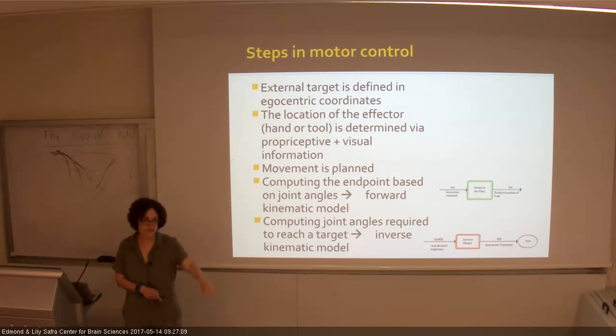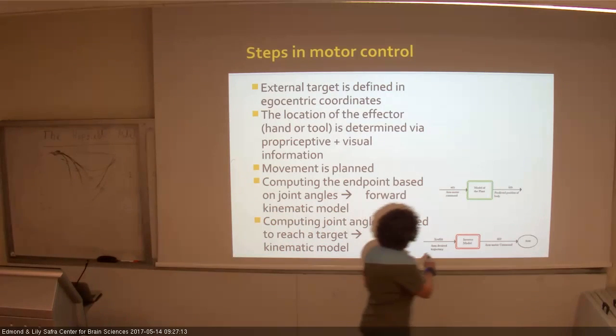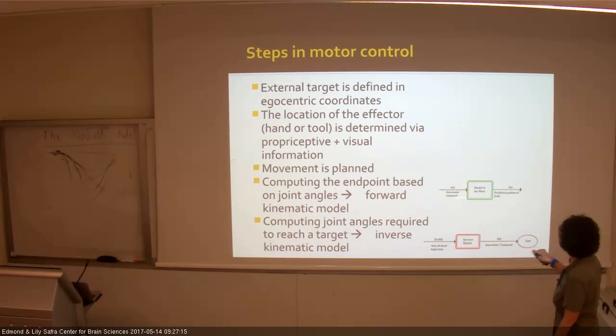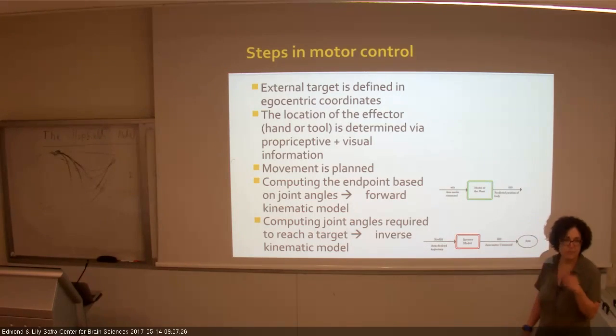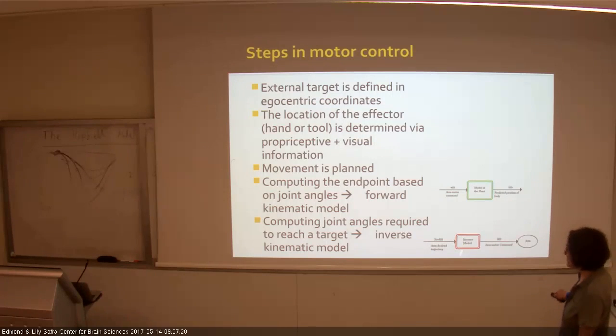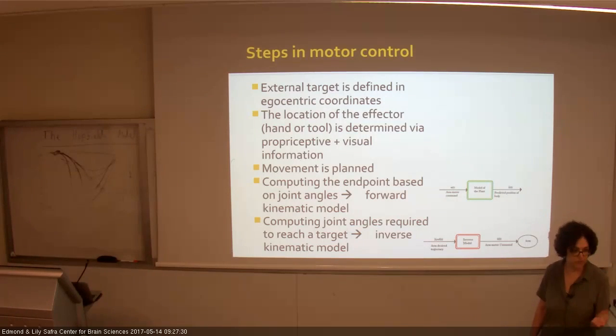Okay? So we can either, based on the motor command, predict the position of the body, and that's a forward model, or based on the desired trajectory, we can compute the required command in what is called an inverse model. Okay?